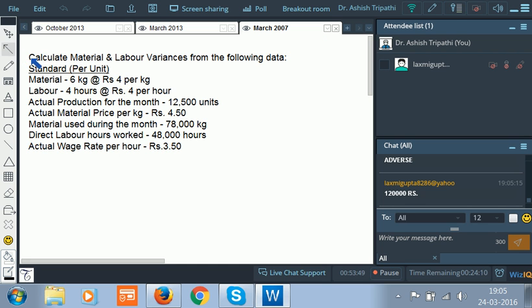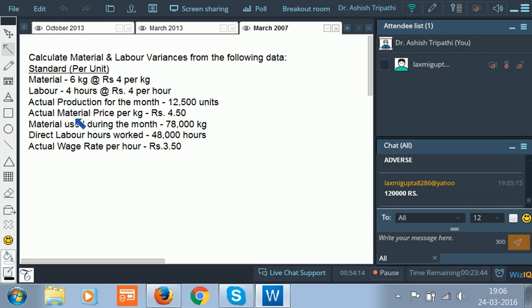March 2007. Let us try to understand this question. Calculate material and labor variances from the following data. Standard per unit. Material 6 kg at the rate of rupees 4 per kg.